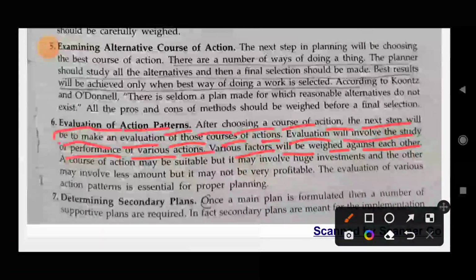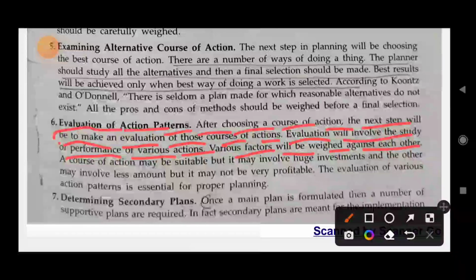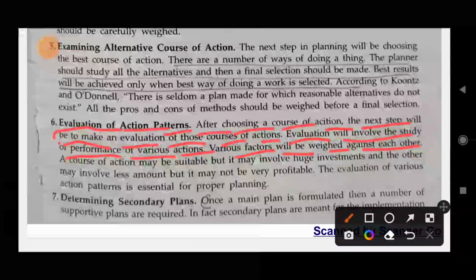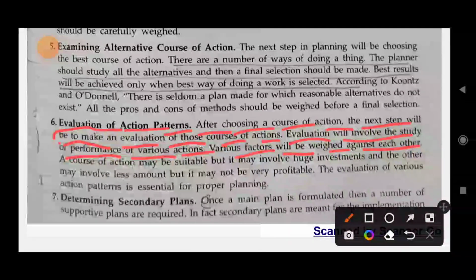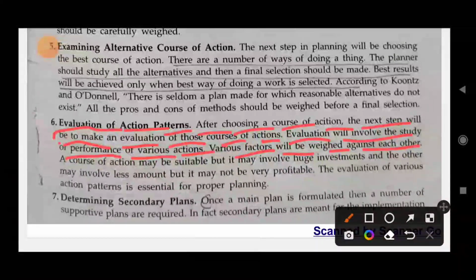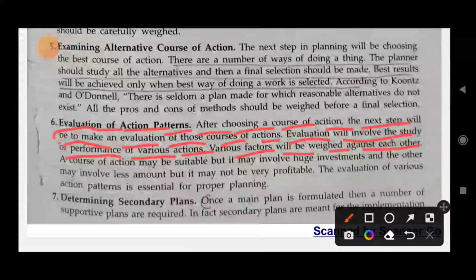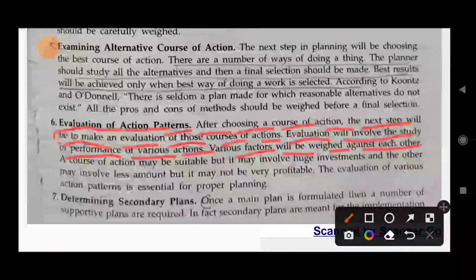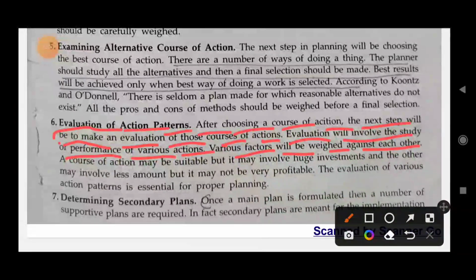Suppose advertising is there. You need to advertise a new product, whether to go for online advertising or give a paper advertisement, or do a door-to-door campaign and give free samples. These are various ways of doing a particular thing.